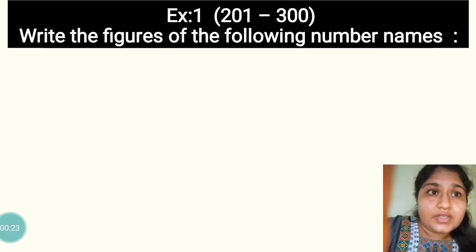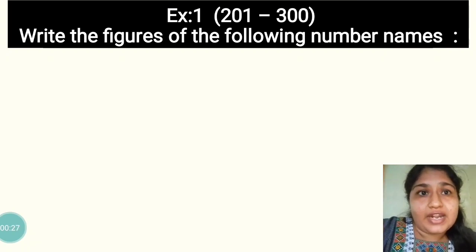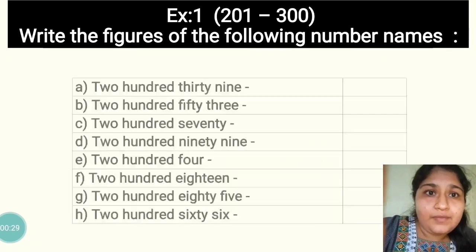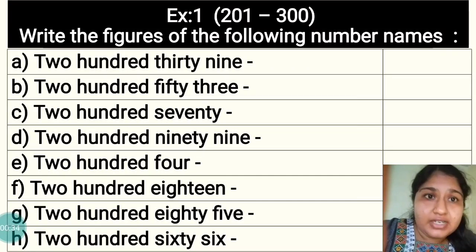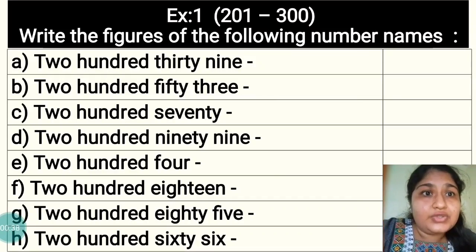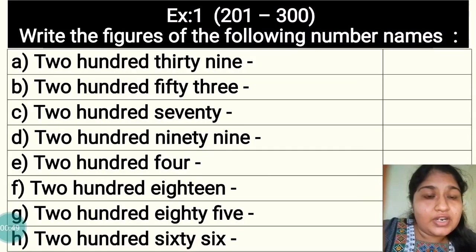Exercise 1, 201 to 300. In this exercise, we have to write down the figures. As you can see, different number names are given and we have to write down their figures. 239, 253, 270, 299, 204, 218, 285, 266.